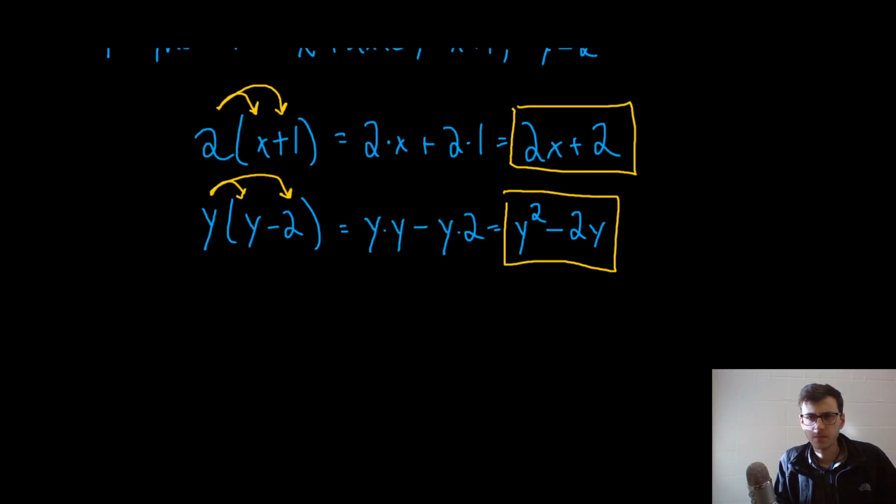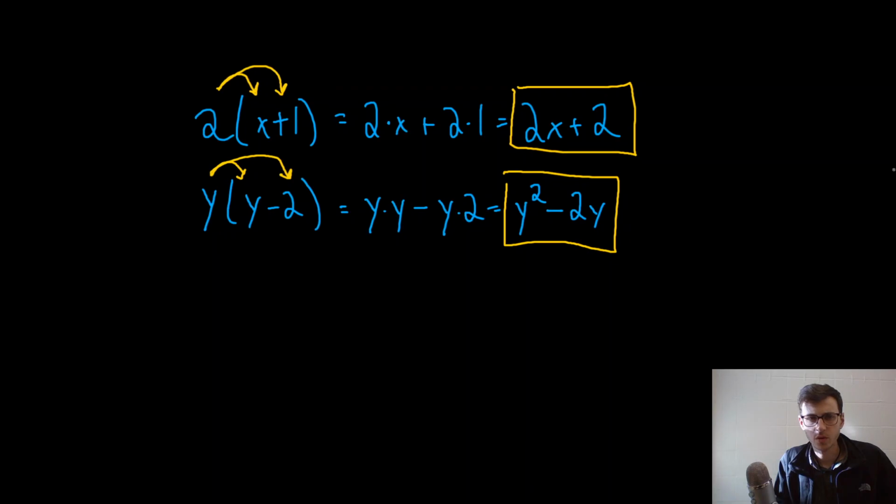All right, let's try maybe just one more. What if I did, and let's really beef it up, right? 3x squared times x squared minus 2x plus 4, right?